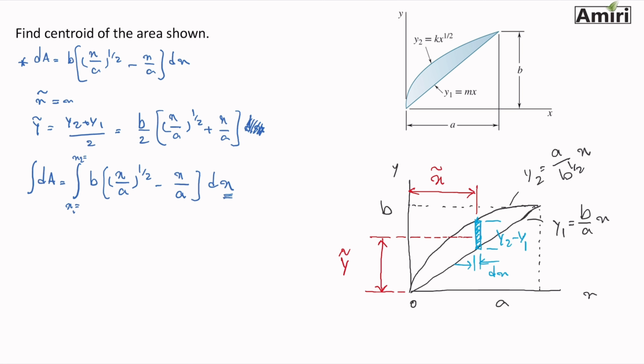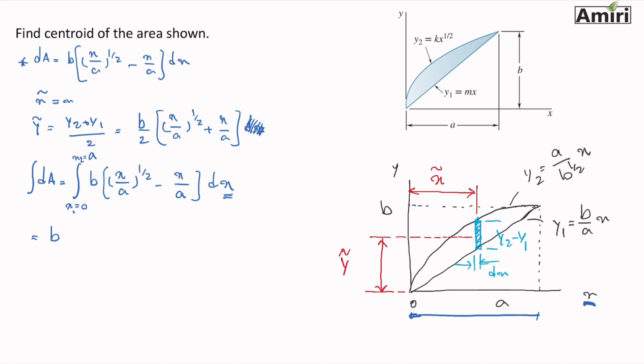Okay, so this integration over this area, my x starts from 0 and goes to a, so 0 to a, and that's how I figure out the limits of my integral. If you do the integration, b is a constant, so we will take it out of the integral.